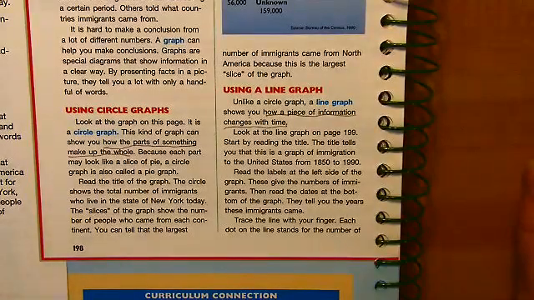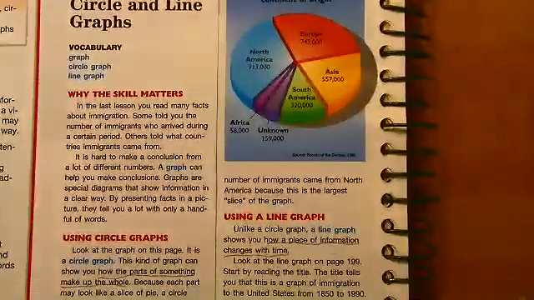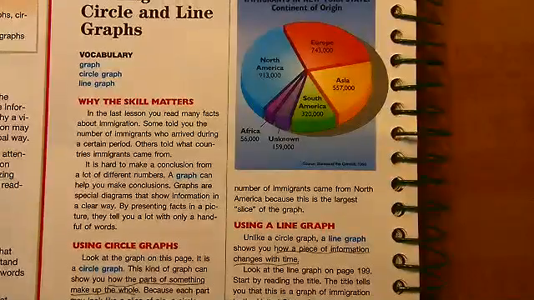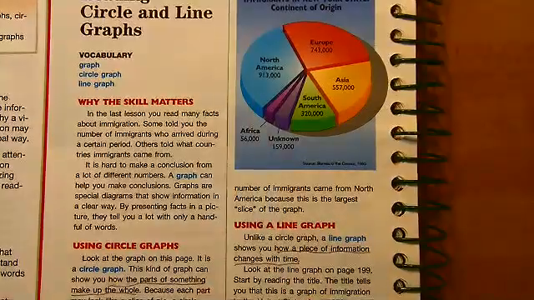The slices of the graph show the number of people who came from each continent. You can tell that the largest number of immigrants came from North America because this is the largest slice of the graph. This one is the biggest.